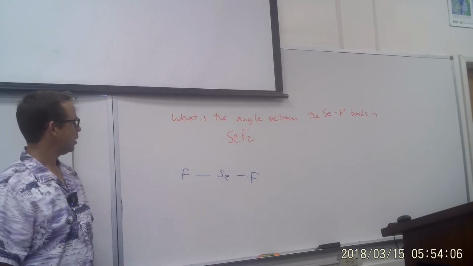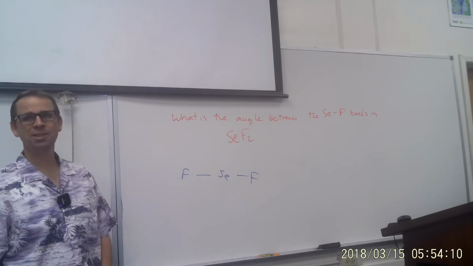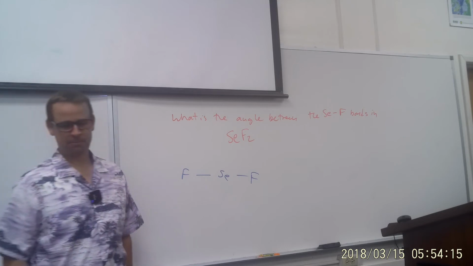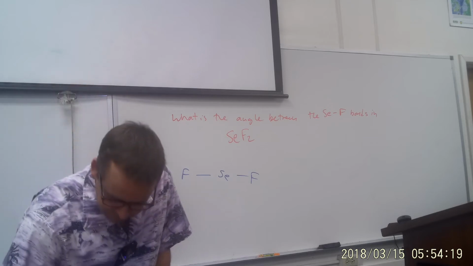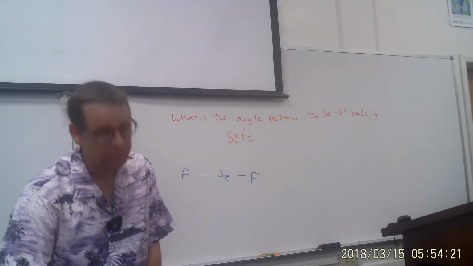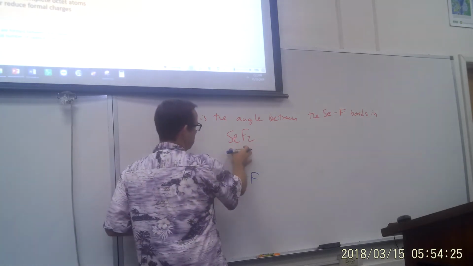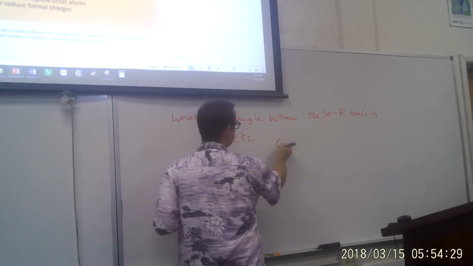All right. Next, what's the step? What are we supposed to do next? That's right, we count up valence electrons. How many valence electrons total? All right, selenium brought 6.